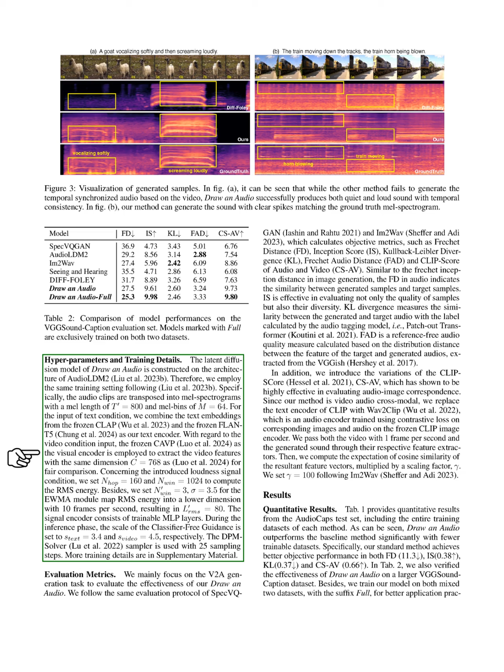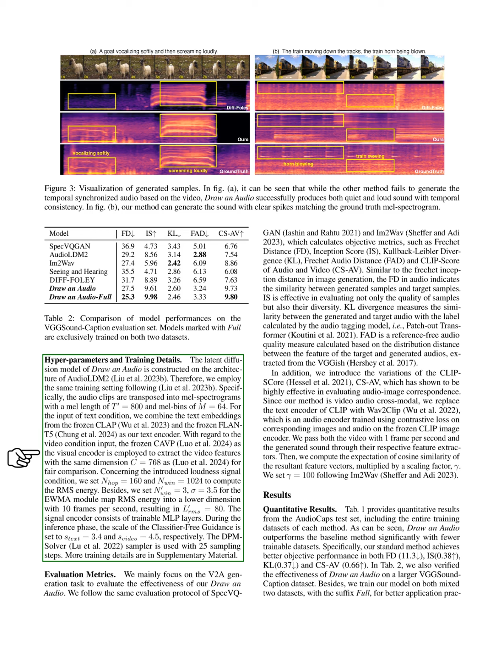Our model, Draw an Audio, is based on the Audio LDM2 architecture, and we maintain the same training settings. We convert audio clips into MEL spectrograms with defined MEL lengths and bins. For text input, we use embeddings from the Frozen Clap and FLAN-T5 models.